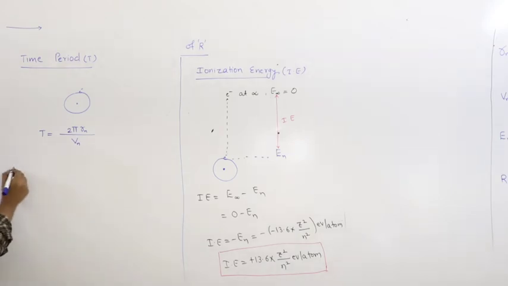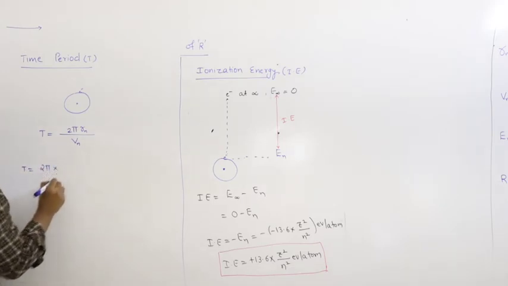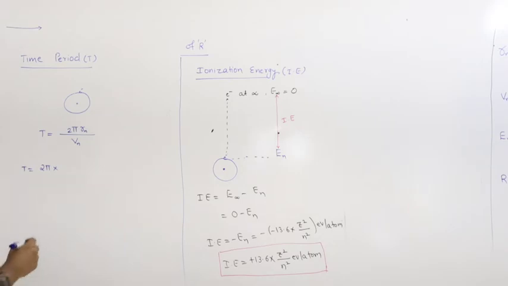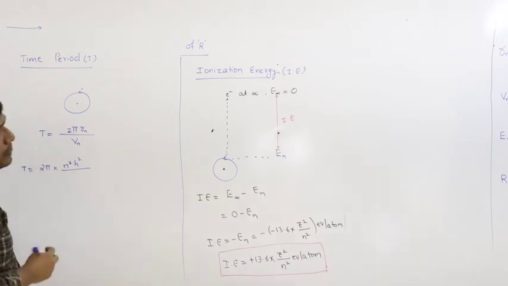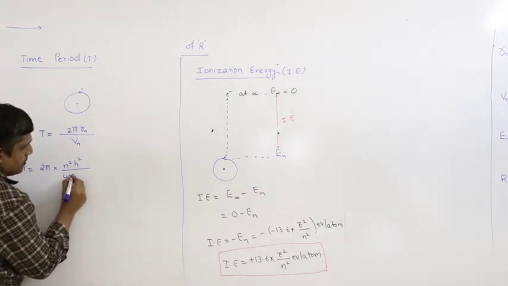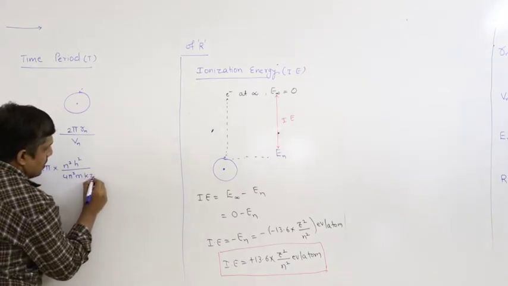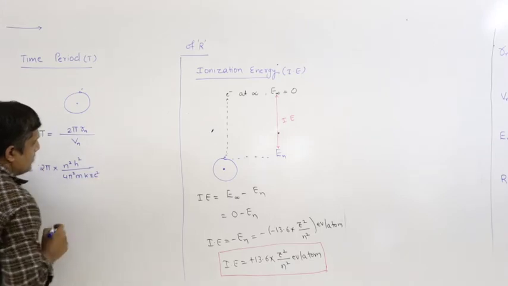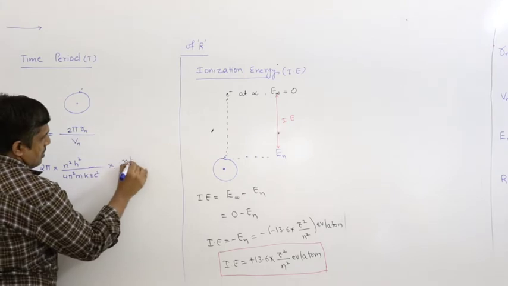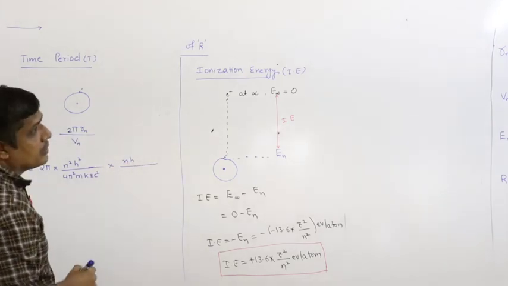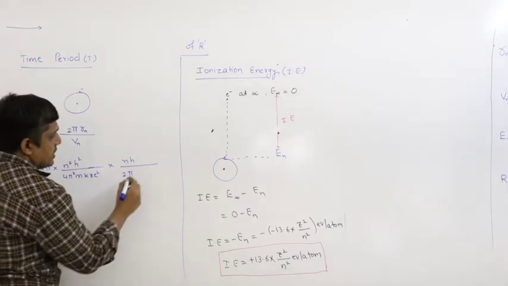So substituting the values, what we get, t equal to 2 pi is constant into Rn, radius of electron in nth orbit, n square h square by 4 pi square m kz e square, by 1 by Vn, nh by 2 pi kz e square.